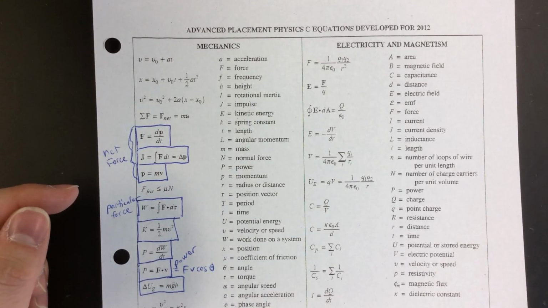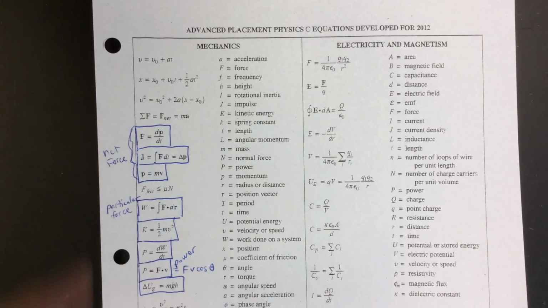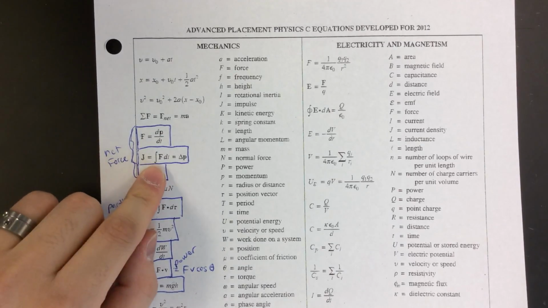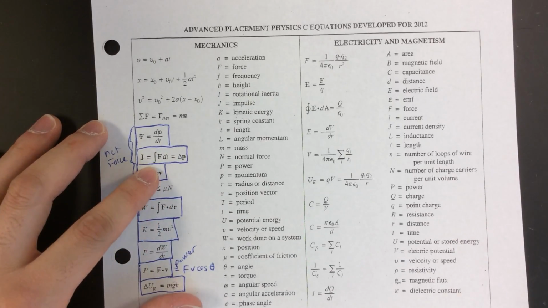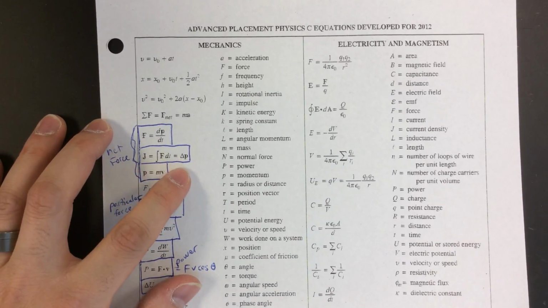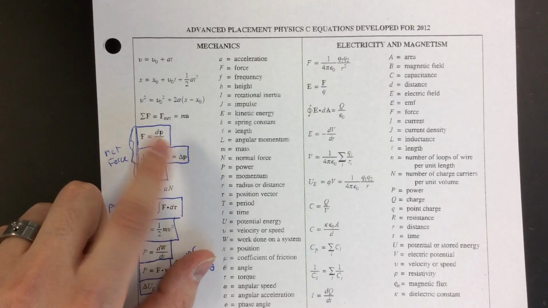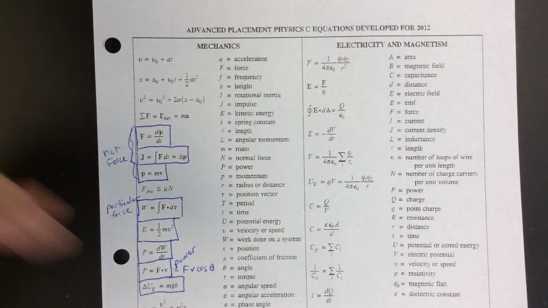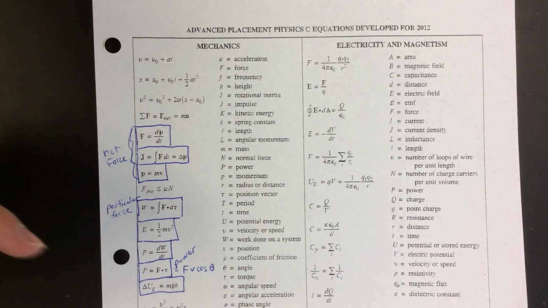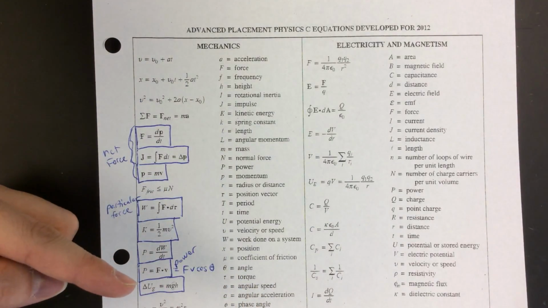Yeah, you have to look at it as the whole system. And this kind of goes two ways. Either you have a net force, and therefore the momentum will change. Remember, don't forget that this is all vector stuff, right? So wherever direction the net force is pointing, that is the direction the net momentum will change.